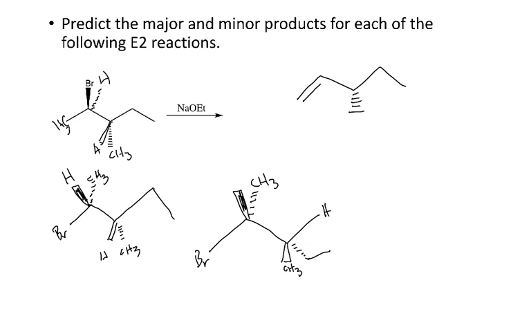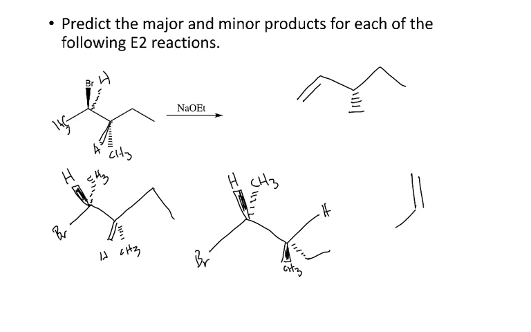Now my bromine and hydrogen are anti-periplanar, so I can go ahead and eliminate those, and I'll get the double bond here. You can see the ones that are on the wedges are going to be on the same sides, and the ones that are on the dashes are going to be on the same sides. So my product is going to be, sorry, I forgot the H here. The wedges will end up on the same sides.